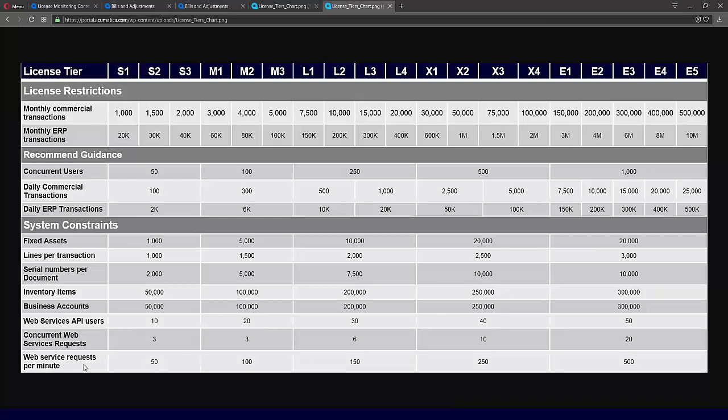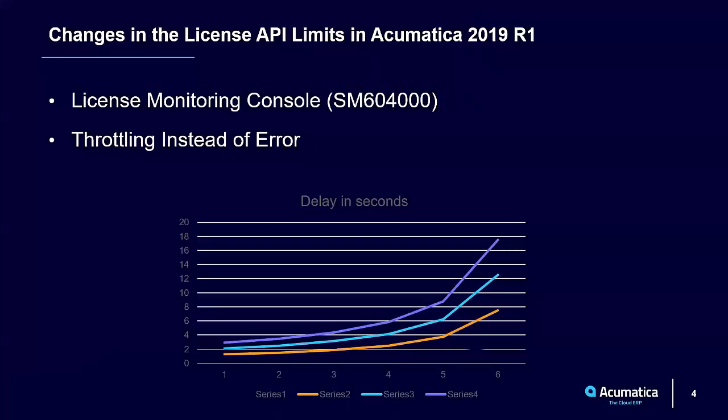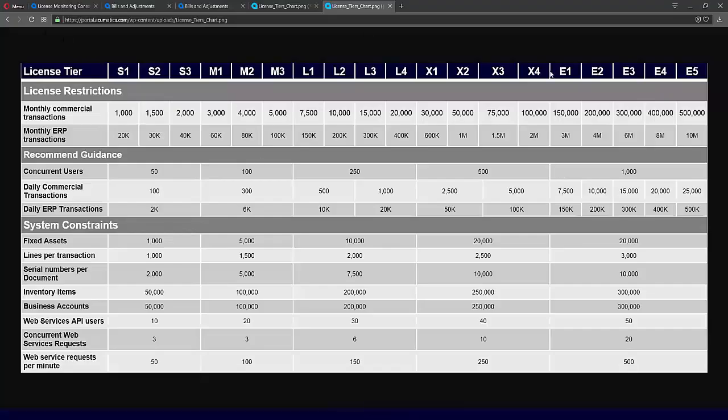For web service requests per minute, the behavior is the same. Acumatica will queue these requests and process them with some delay. And the delay is dynamic. You can calculate it using a formula.